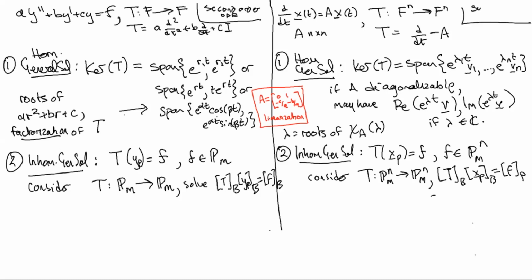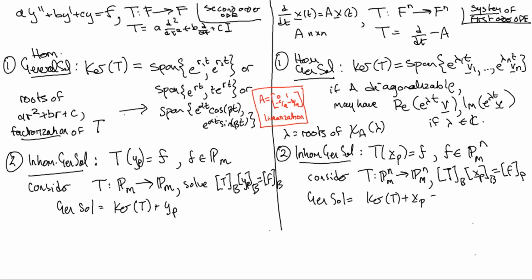This is a system of first order ODE. Okay, so the left column is the first two lectures on differential equations, the right column is the second two lectures on differential equations. Okay, and then in both these cases, after you do that, you get that the general solution is the homogeneous solution plus the particular solution. Okay, so it's really the same idea.